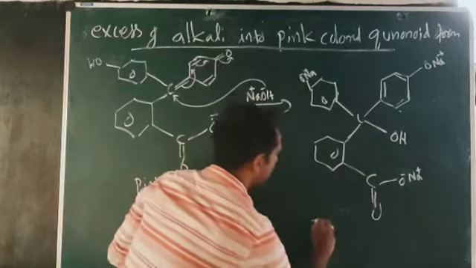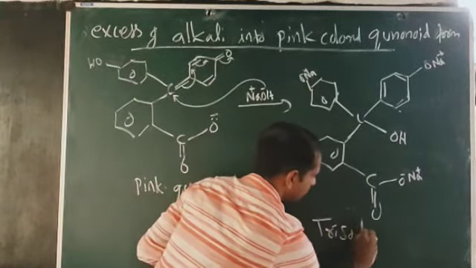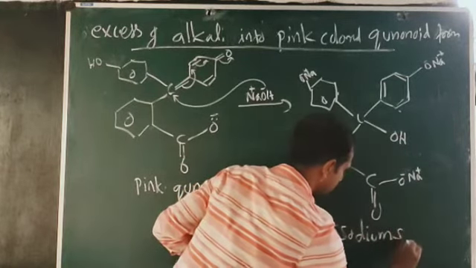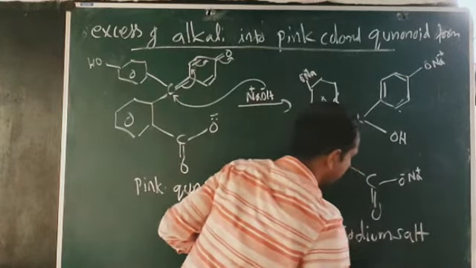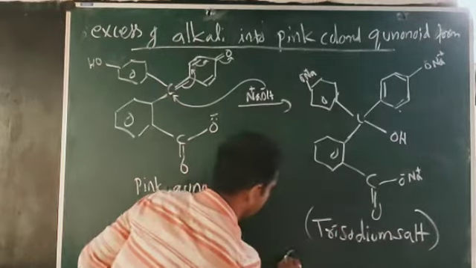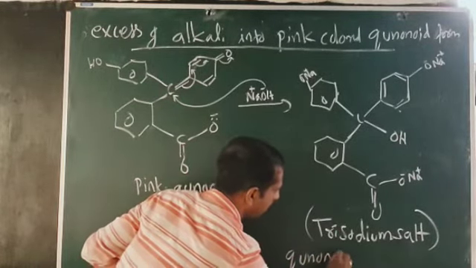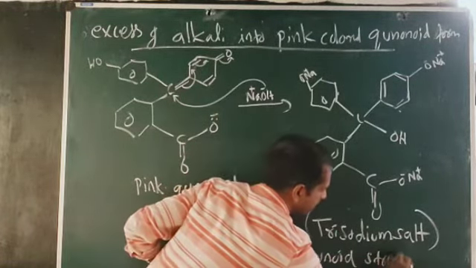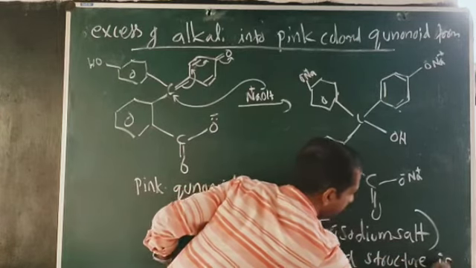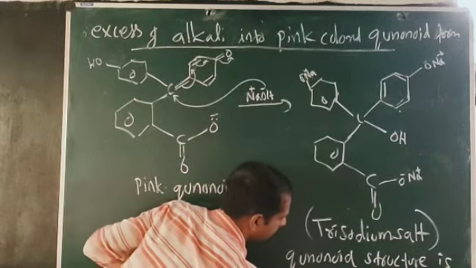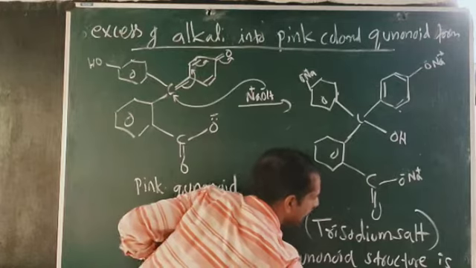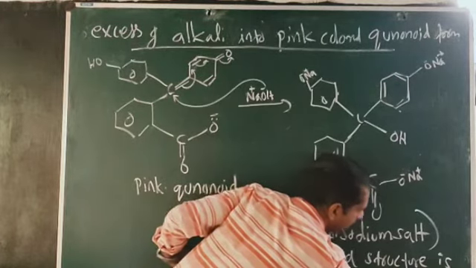Trisodium salt. You get a trisodium salt, and at the same time the quinoid structure is destroyed, and hence it will become colorless.